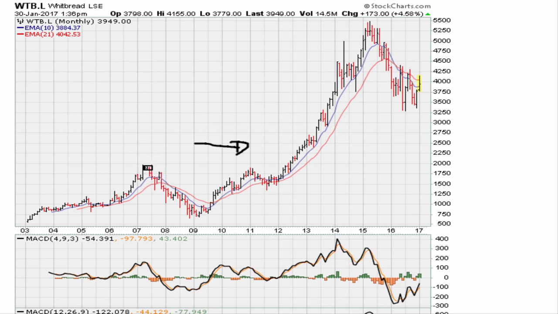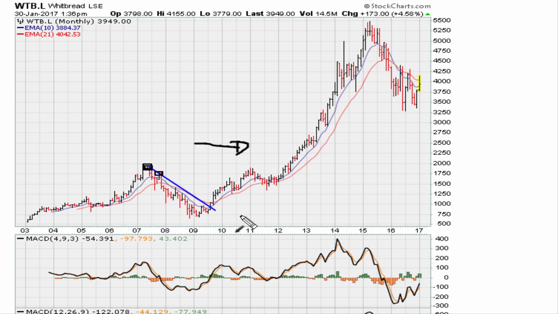The primary trend line in this particular instance in 2009 is connected with the closing high here, and this closing high was good enough to make this straight line, and that's a primary trend line. Why? Because at the time it was connected to a major all-time high.